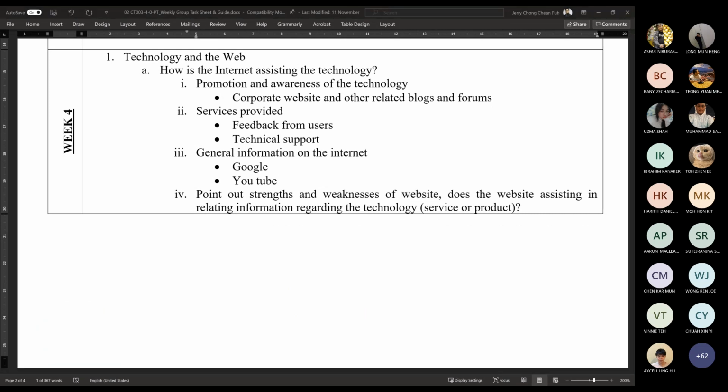Hello, sir. I just have a question about the last point. My group is doing Netflix, and our whole technology is mostly based on the website aspect. So if we talk about the strengths and weaknesses of the website, it's the same thing as talking about the strengths and weaknesses of the entire technology.